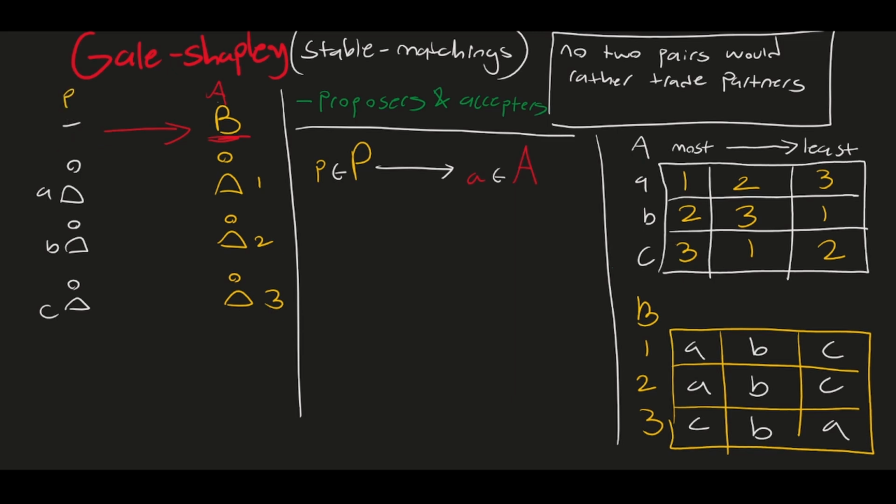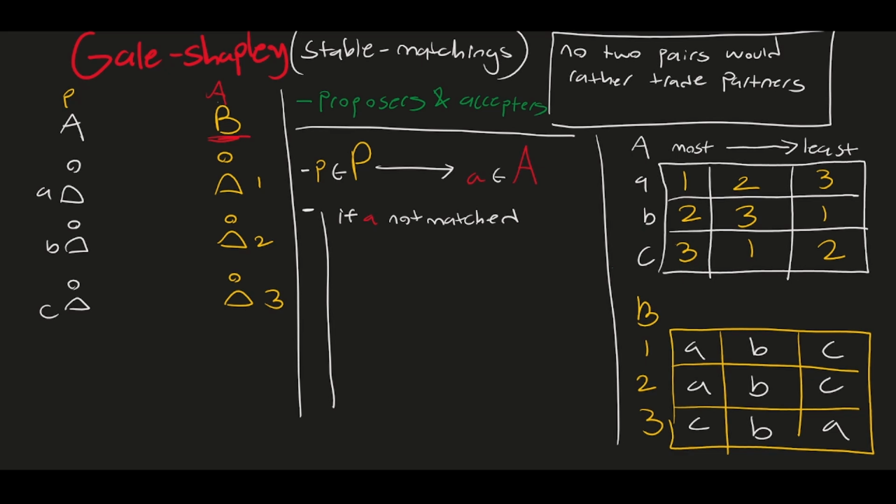All the people who are proposing propose to some person A based on their most preferred to their least preferred. And it goes like this. This is the first step. The second step is this: if A is unmatched, if A is not matched with anybody.